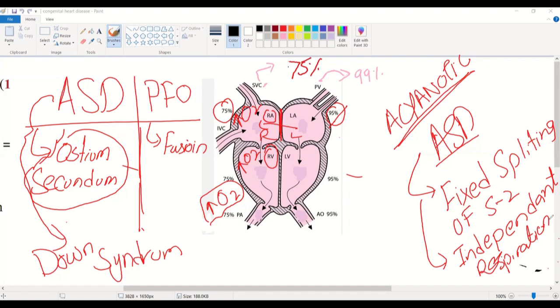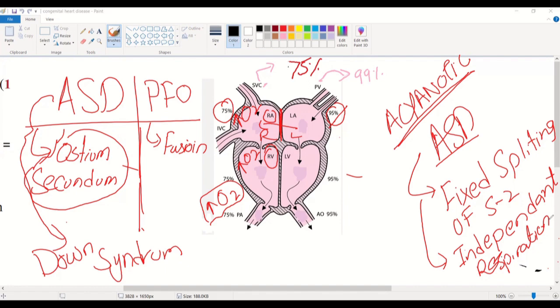So the oxygen saturation changes that take place in the atrial septal defect, and the embryological cause: the ostium secundum defect is the most common cause of the atrial septal defect, and if it is due to the ostium primum, it is associated with other cardiac anomalies and with Down syndrome.